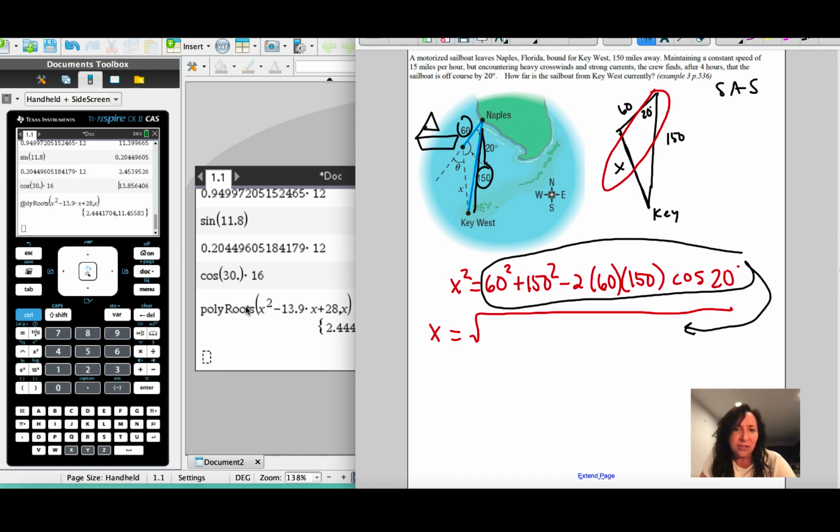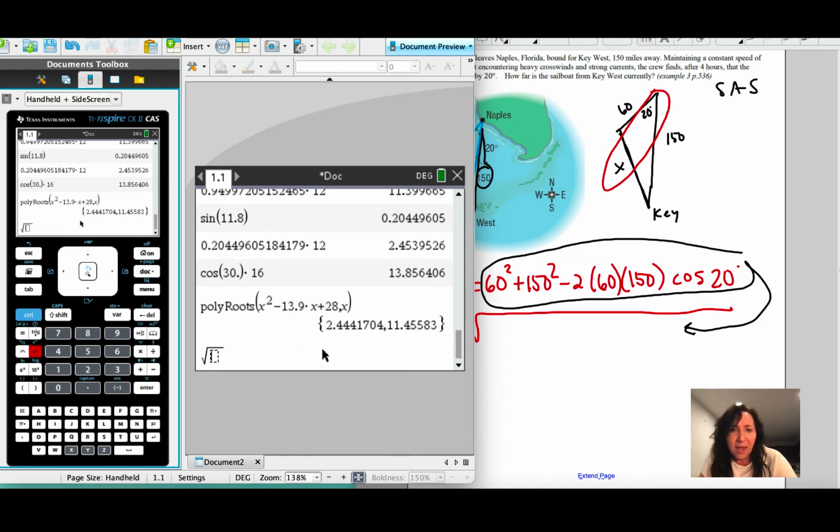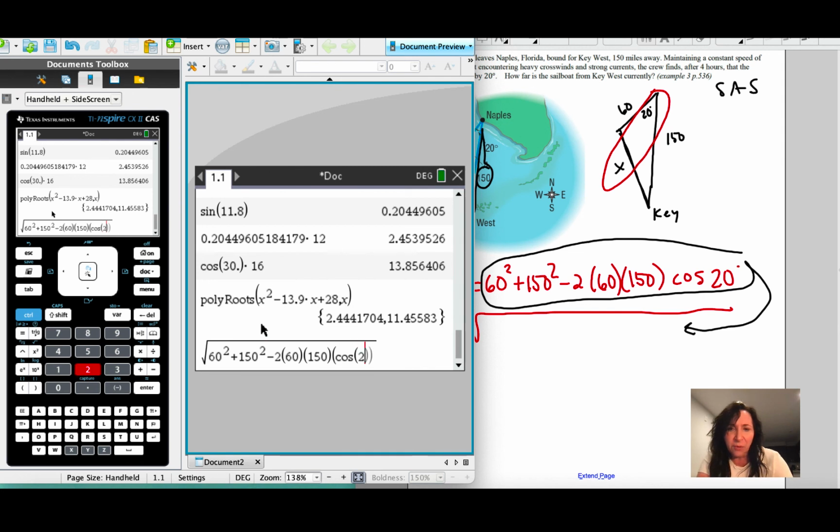And so let's see if I can just type that all in. We're going to go second. I think it's there. Yep. And I'm going to go 60 squared plus 150 squared minus 2 parentheses times 60 parentheses, start a new parenthesis, 150 parenthesis, cosine, so cosine of 20 degrees.